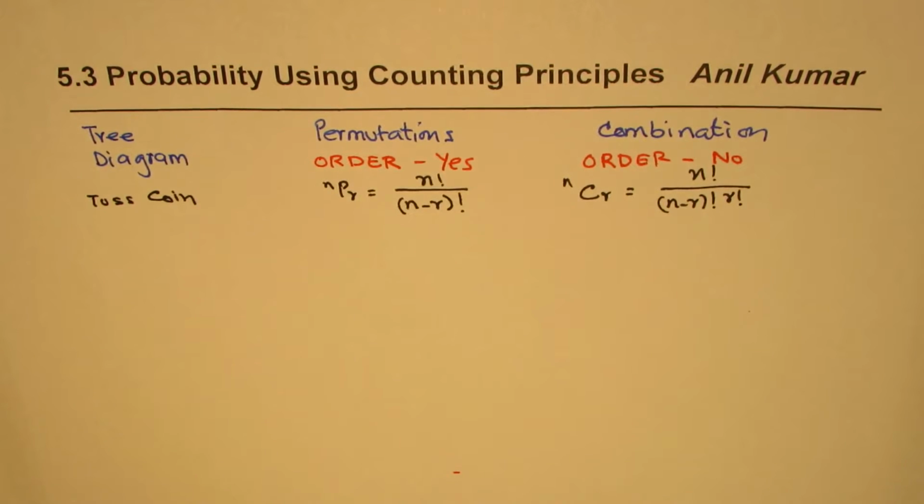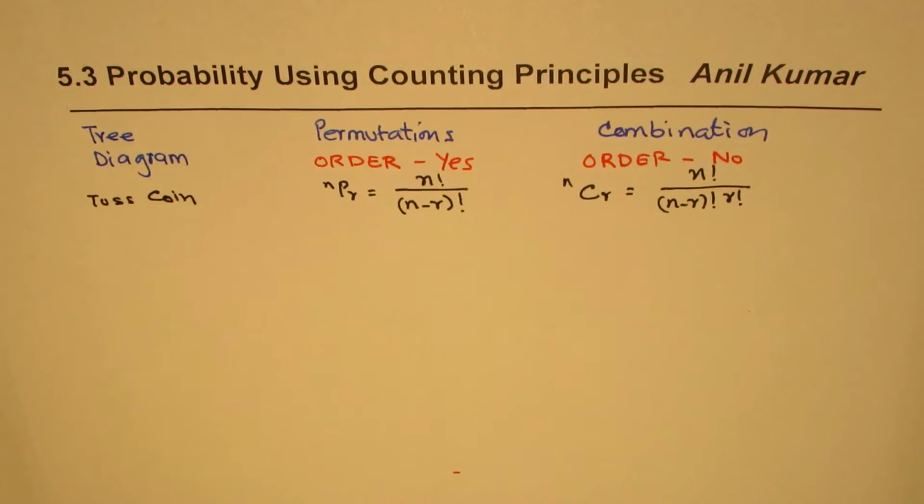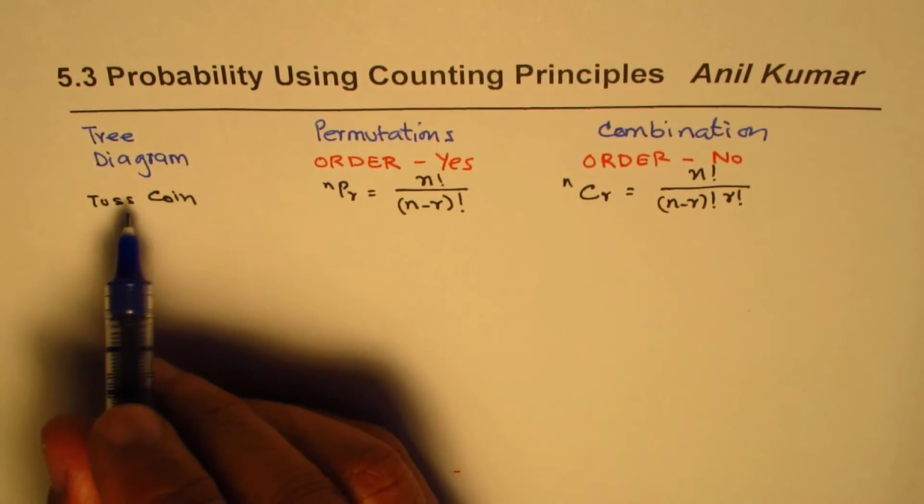Now, let's take a few examples which can help us solve probability questions. We'll take very, very simple examples, since the idea is to illustrate the use of these counting principles to find probability. We are doing theoretical probability at present, tossing coins.